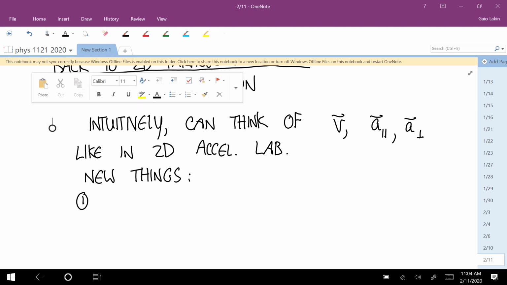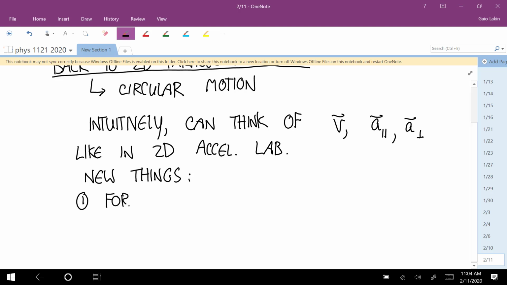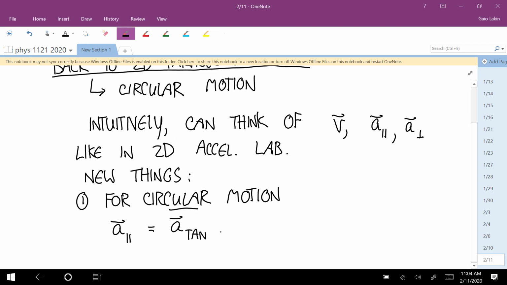So for circular motion, so we're not going to do this for other paths that objects can follow, but for circular motion, what we have been calling the parallel, the part of the acceleration that's parallel to the velocity vector, I'm going to denote it as a tan, and I'm going to call it the tangential acceleration.